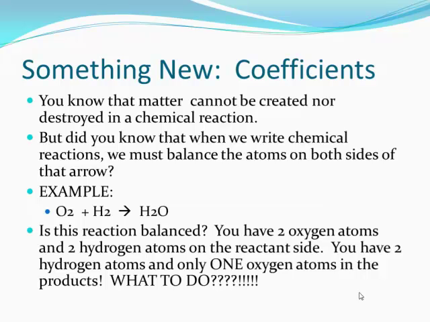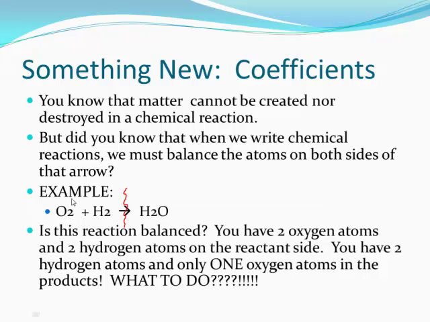We need, on the reactant side and the product side, for the number of atoms to be the same. So, using my example with the oxygen gas and the hydrogen gas forming water, let's ask ourselves, is this chemical reaction balanced? Remember to separate mentally in your mind the reactants from the products. So treat those two different sides separately.